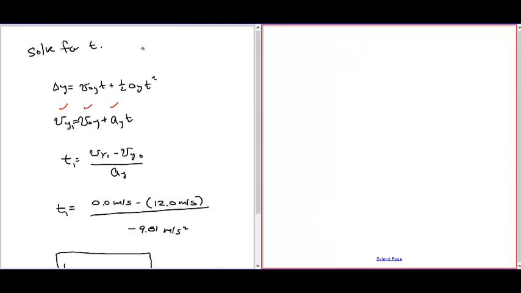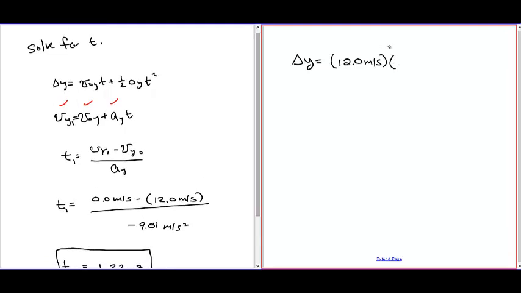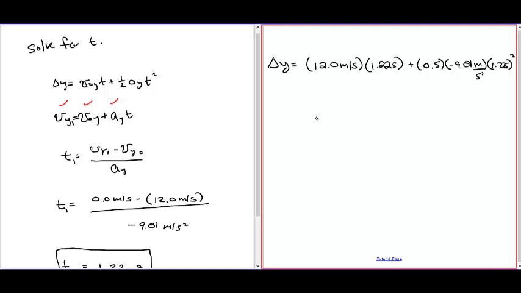Okay, now we can use this equation. We can actually use a lot of different equations. Let's just use this one. So delta y is equal to v0y, which is 12 meters per second, times t, which is 1.22 seconds, plus 1/2 times a, which is negative 9.81 meters per second squared, times t squared, 1.22.